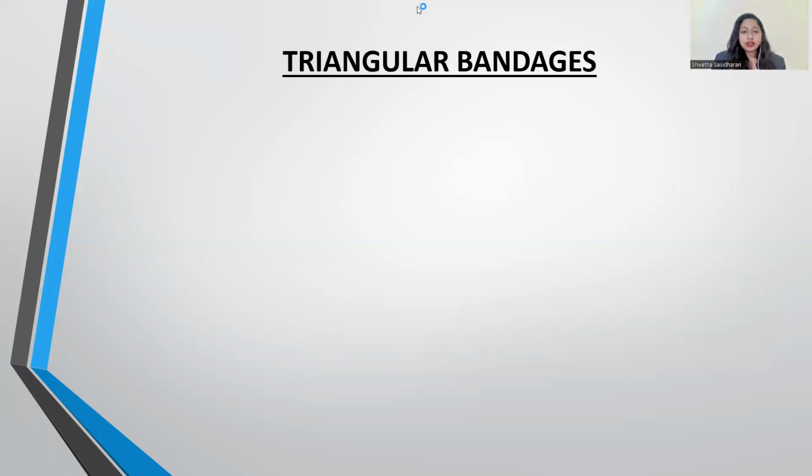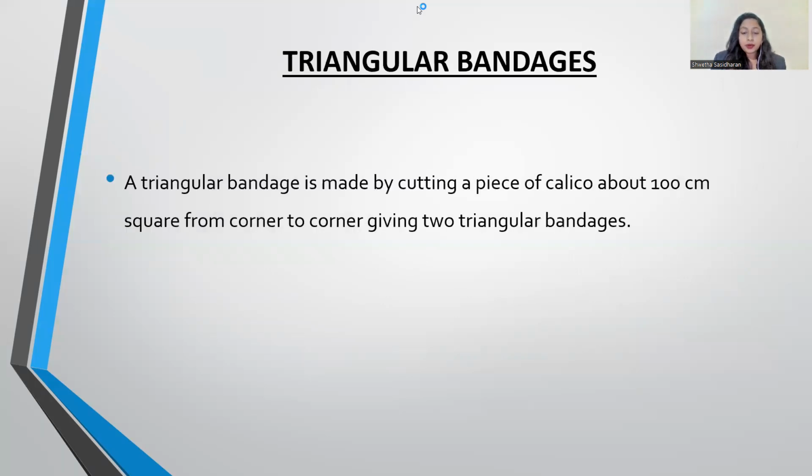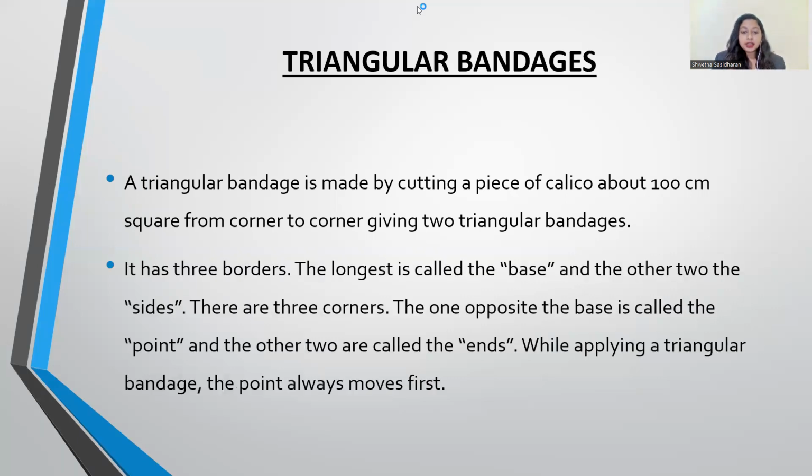Triangular bandages are made from a cut piece of cloth around 100 centimeter square, cut from corner to corner, giving a triangular bandage. There are three borders. The longest one is known as the base. The other two are called the sides. The corners: the one opposite the base is called the point, and the two other corners we term as ends.